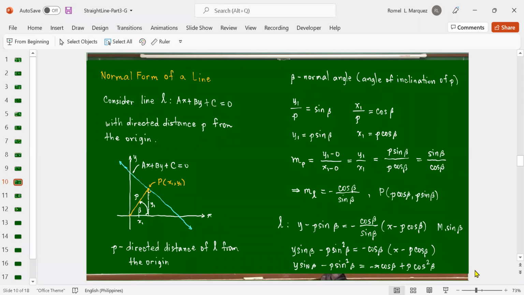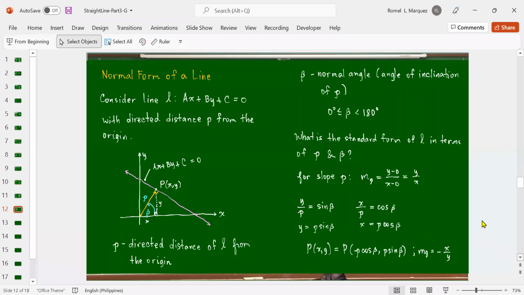Okay now, guys? So let's collect those with x and y on the left side and the rest of the terms on the right side.